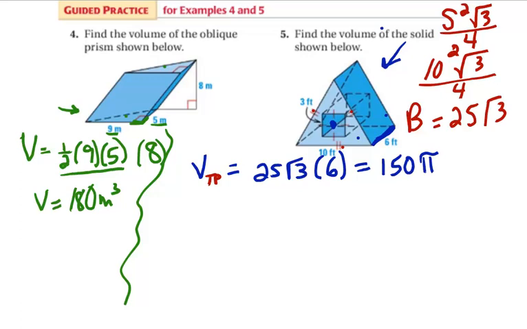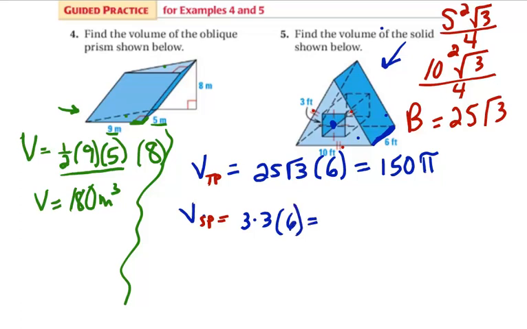Now let's find the volume of the square prism. We'll do this in red, square prism. And the volume of the square prism is the base, which are squares, 3 feet each, so base times height of the base, and then times the height between the two bases, 6.